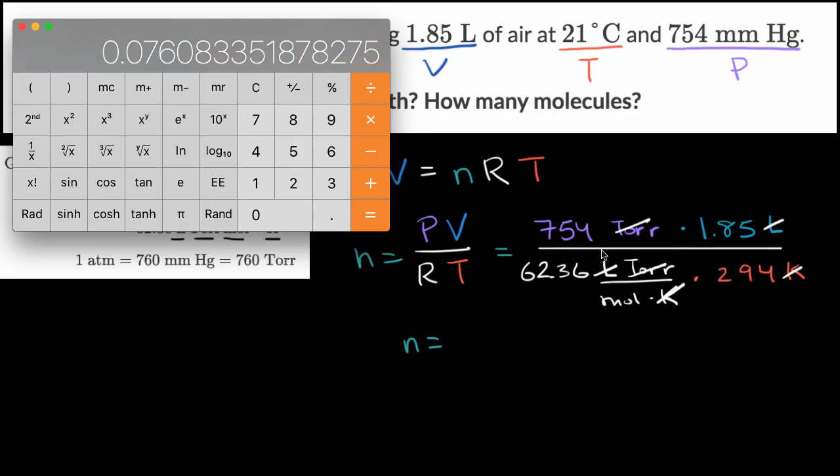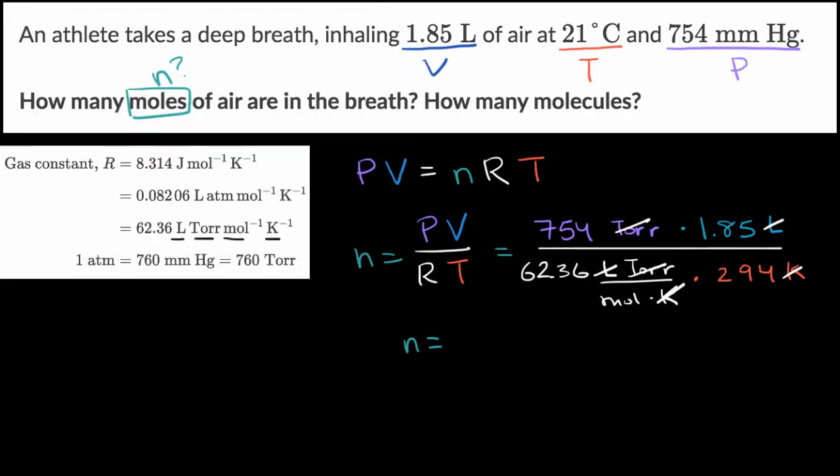When we're multiplying and dividing, we want to use the fewest, so I want to go to 3 significant figures. That's 0.0761, approximately because I am rounding, but that's 3 significant figures. So that's the number of moles of air in the breath.